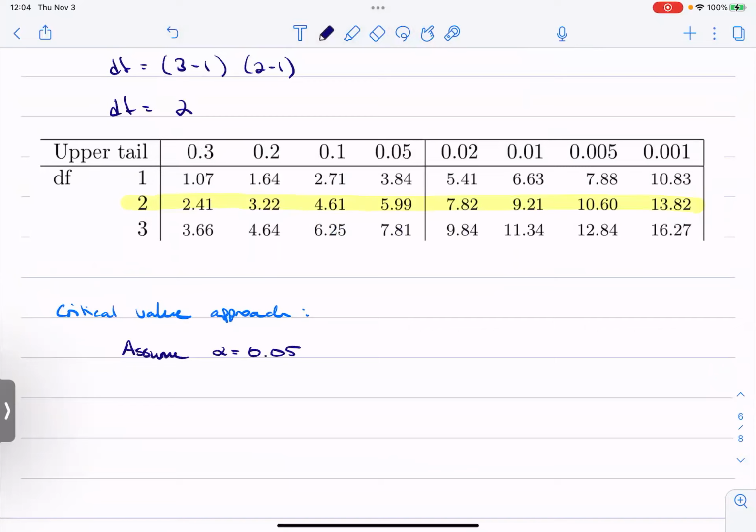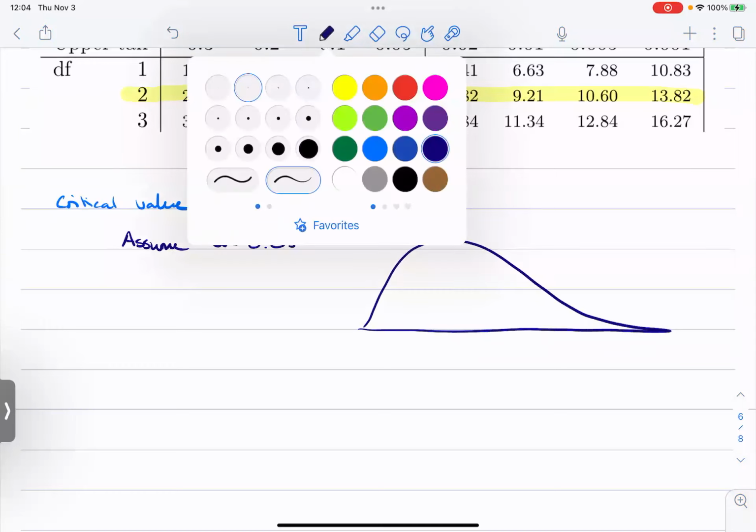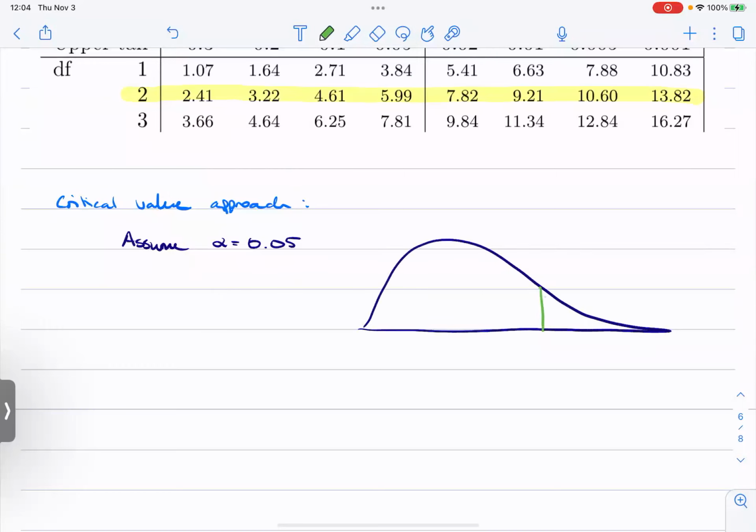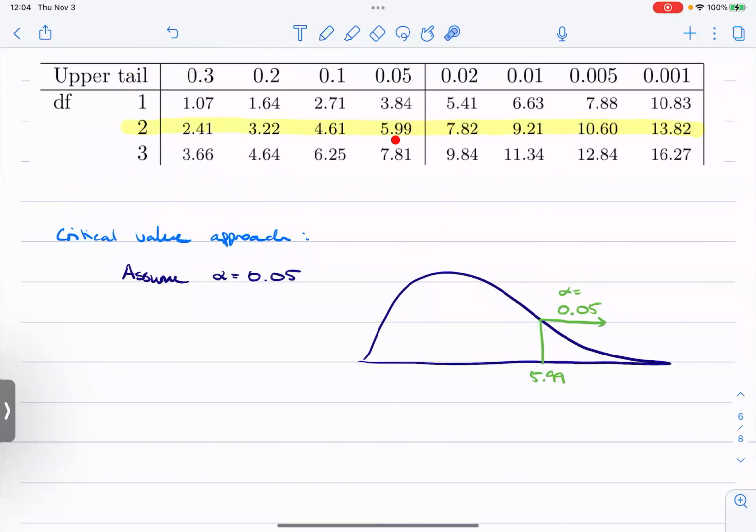So what we would say then is, if I force the tail area to be 0.05, the chi-squared that makes that happen is 5.99. So what this looks like is I'm forcing this tail area to be 0.05, which is the alpha, and it corresponds to 5.99 at 2 degrees of freedom.